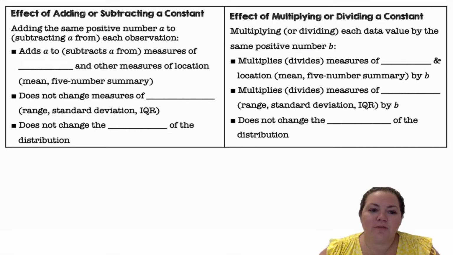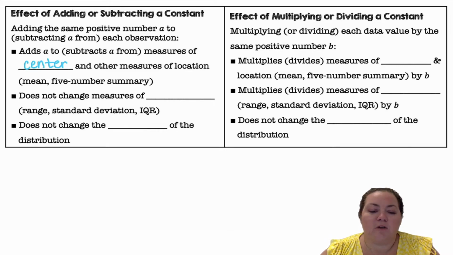All right, so the effects of adding or subtracting a constant. If I add the same positive number, A, to or subtract A from each observation, what is it going to do to the different measures? So it's going to add a constant value to or subtract A from measures of center and other measures of location.